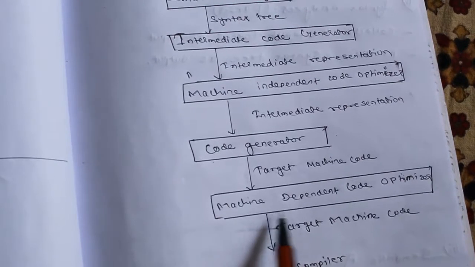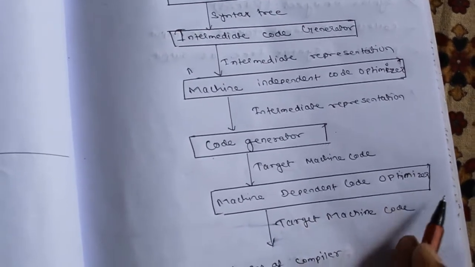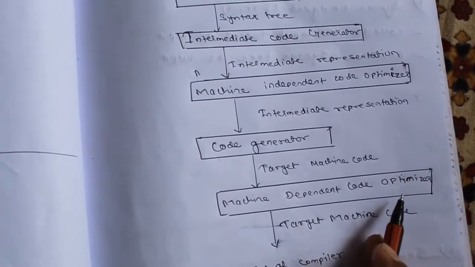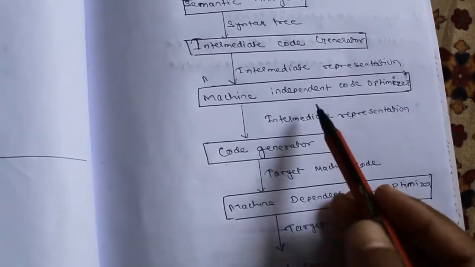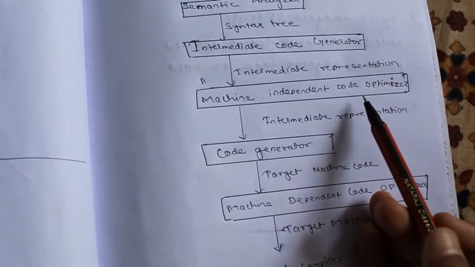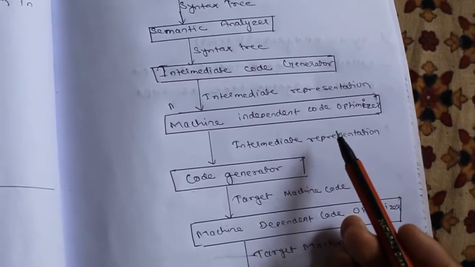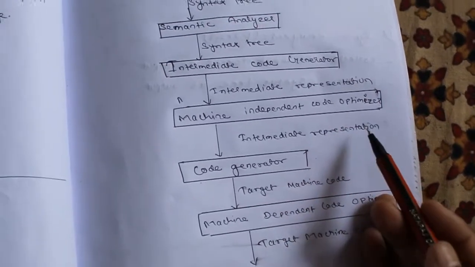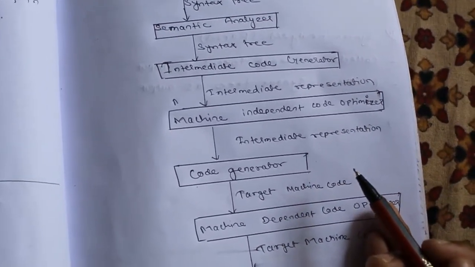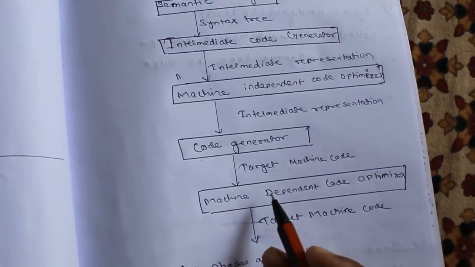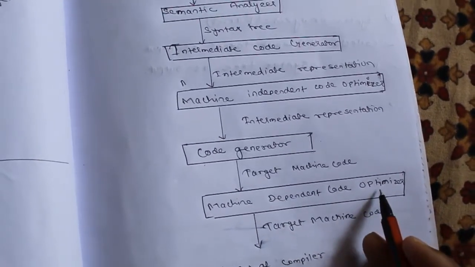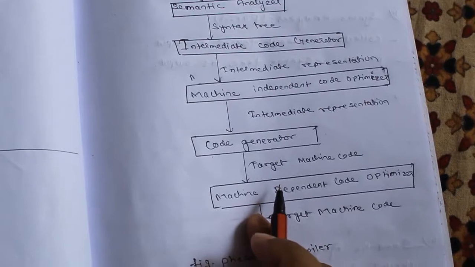This optimizer is optional; we can use the optimizer at the last, or we can use the code optimizer here, which is also enough for us. But the optimization phase will cost more, so if it is possible to use the optimizer, we can use it after the code generator also.